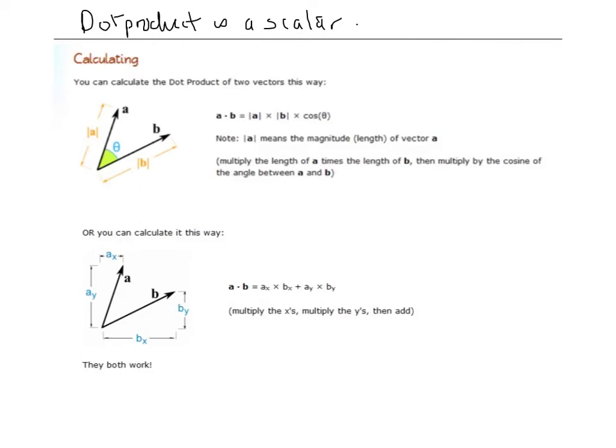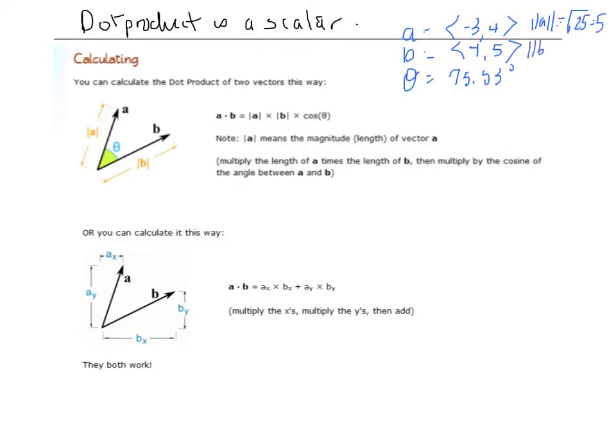So for instance, an example would be if vector A was negative 3, 4, vector B was 4, 5, and the angle between is 75.53 degrees. You would find the magnitude of A, which is the square root of 9 plus 16, which is 5.